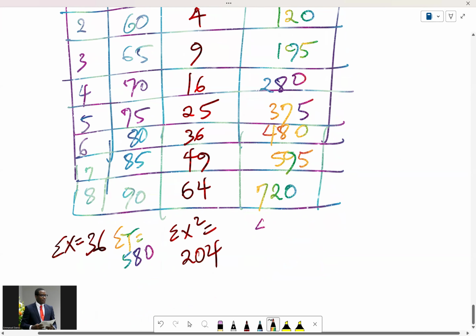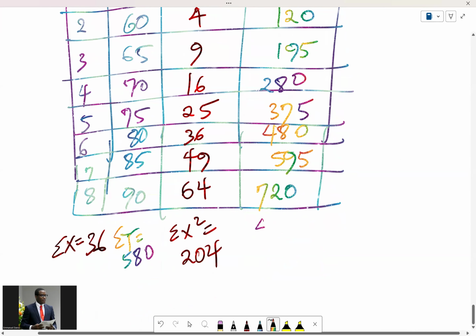With this now we can easily get B1. We know that B1 is equal to, okay, we need N, the number of data points we have. That's simply 8. So we can fix everything now.